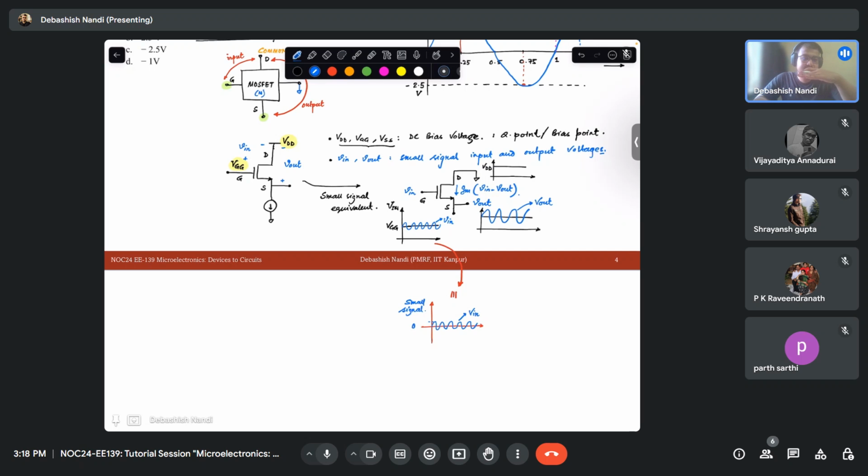Your DC bias is not changing. The ripple around the DC bias, the small signal, is what actually gets amplified, and we are concerned about that only. So we can shift the DC level to 0 and assume that wherever DC signals are present they are grounded, because it is a voltage source.